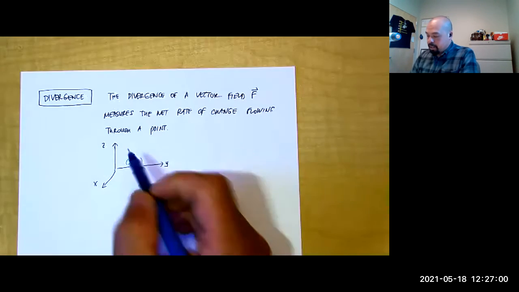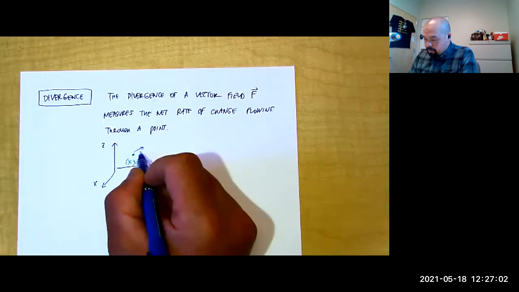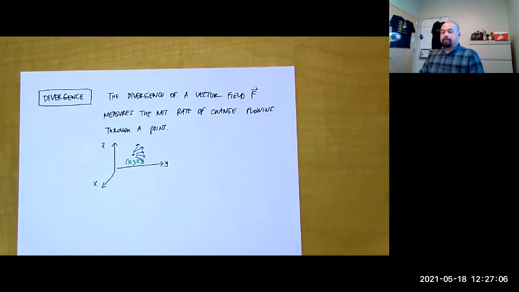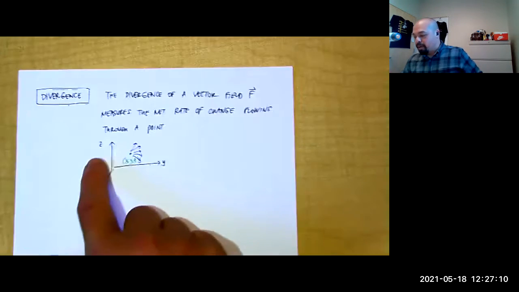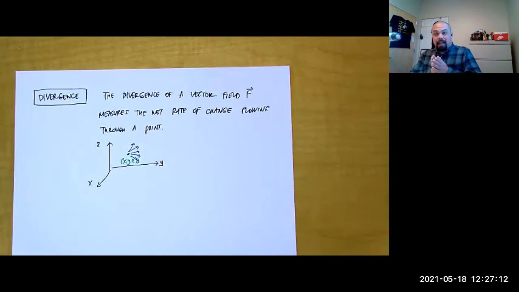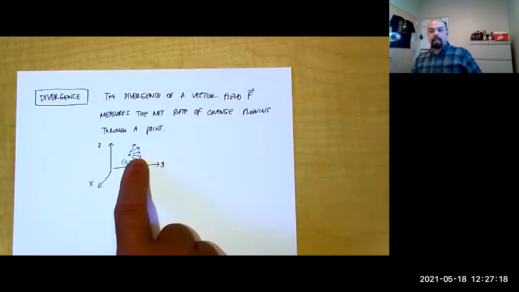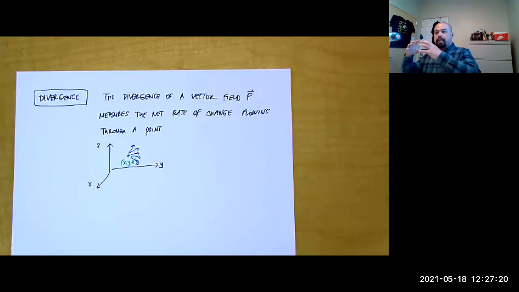This divergence is measuring how swiftly, this rate at which, if we send particles through that point, is it really going to force out and spread out away quickly, or is it going to be smaller? And these points are going to pass through nicely, calmly, and not really want to push and force their way out to diverge, right?